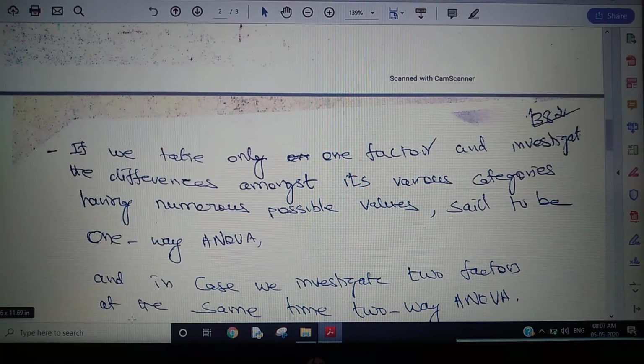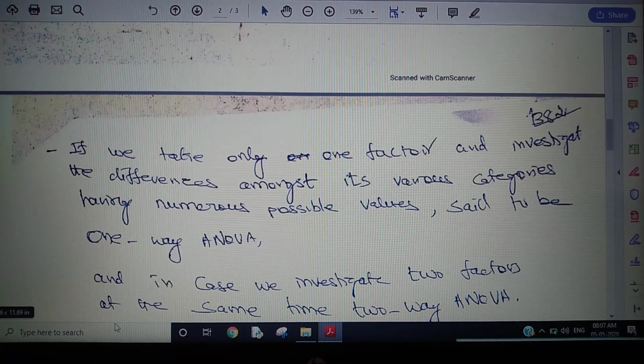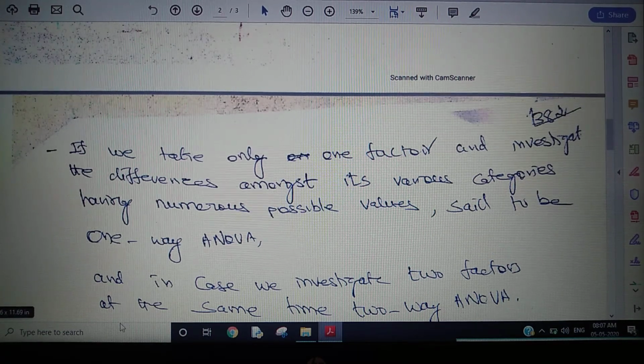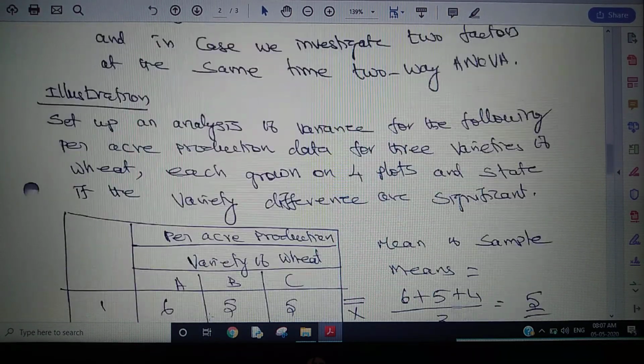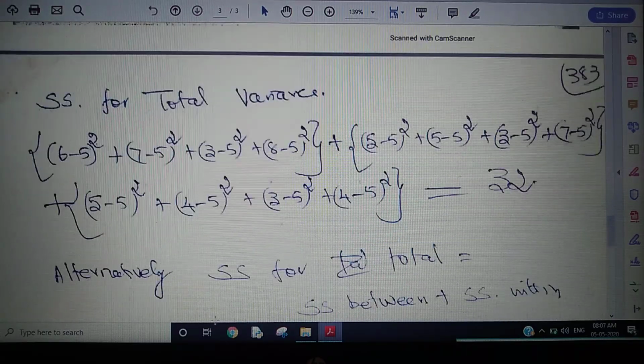ANOVA is nothing but comparing more than 2 samples. For 2 samples we can use correlation analysis or a Z test or T test. For more than that, we have to go for the F test. Then the next slide is MANOVA.